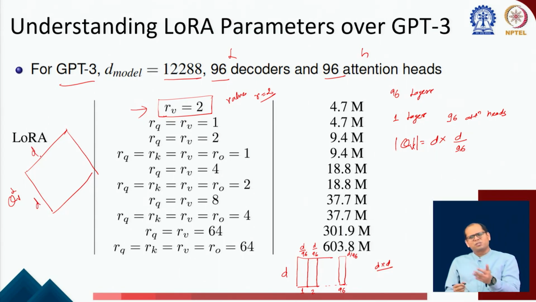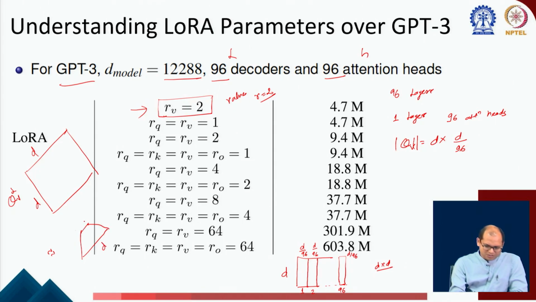The change in it you approximate using LoRA. That means you will have two matrices, D cross R and another one R cross D. This is what you will use as the approximation for the change in this particular matrix.